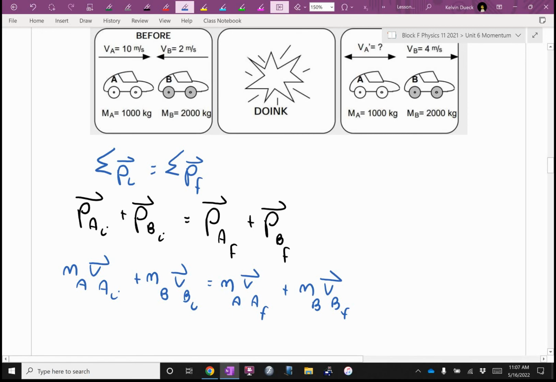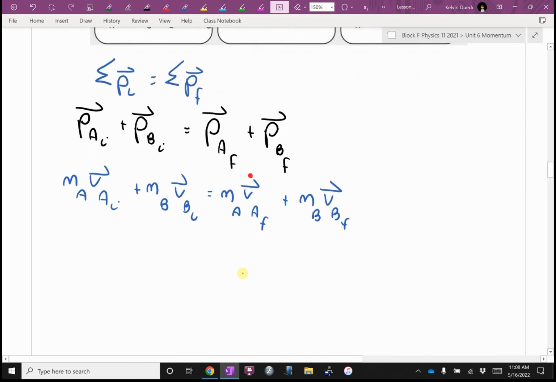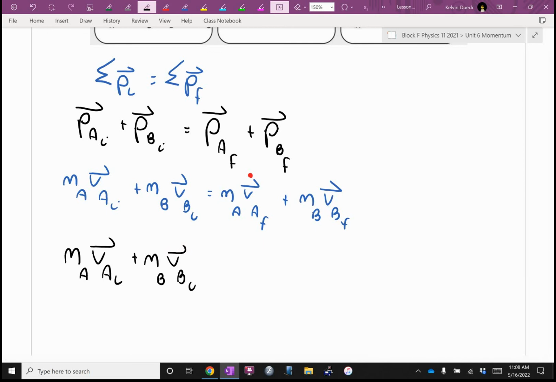I'm trying to get that by itself. What side is that on? Left side or right side of the equal sign? Well, the whole left side is going to drop down like a domino then. I want to get the VA final by itself.